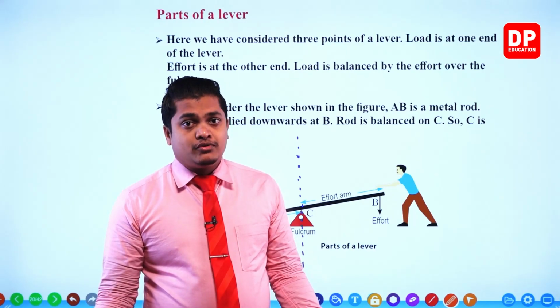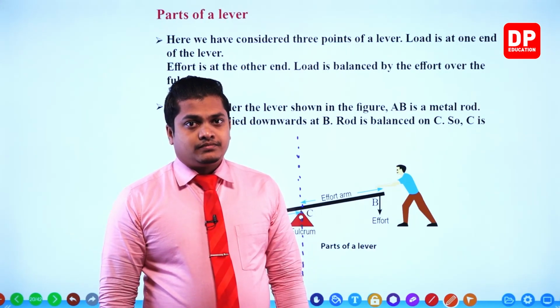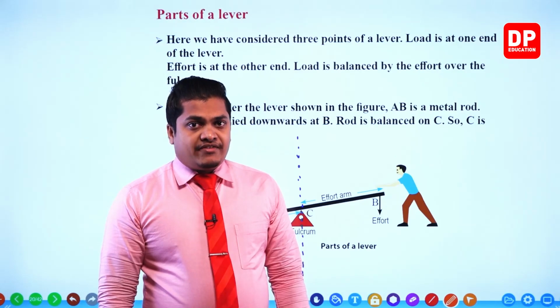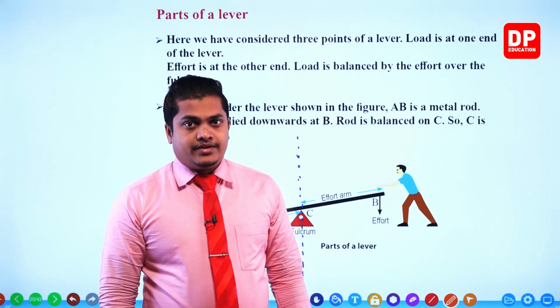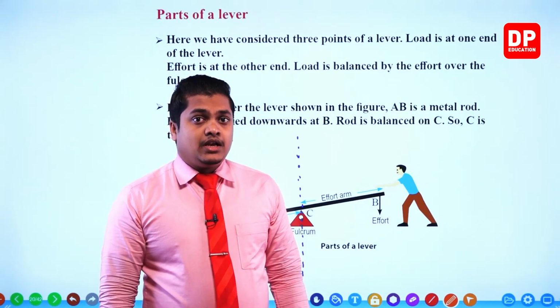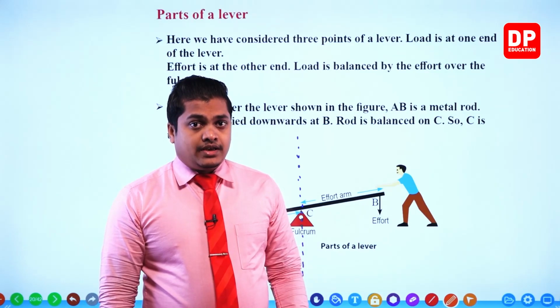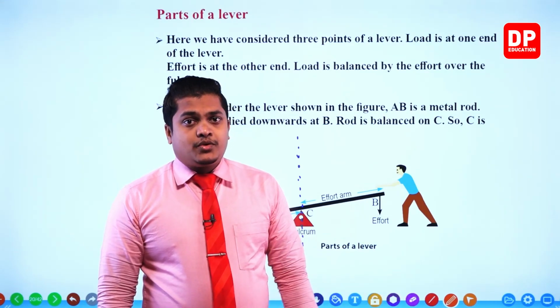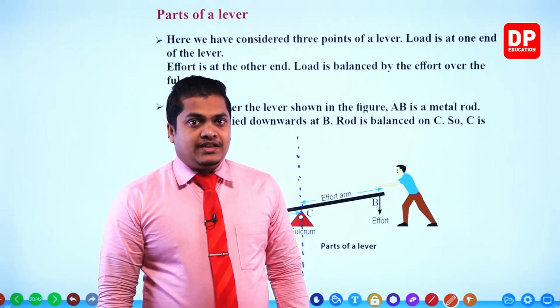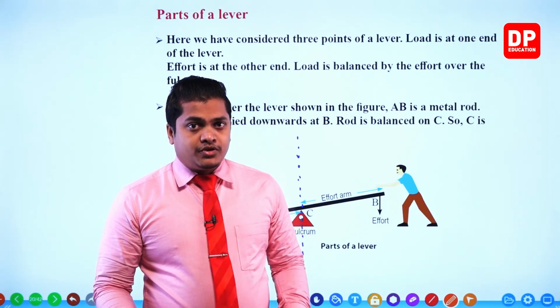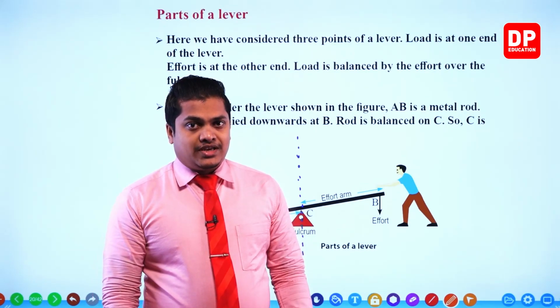So we won't be able to use it once more. So we have to use a stronger one. A metal one would be perfect, like steel or iron. Steel is the hardest. So using a steel crowbar or a steel lever is good, because it has good strength. So we can lift large objects by using a steel lever.